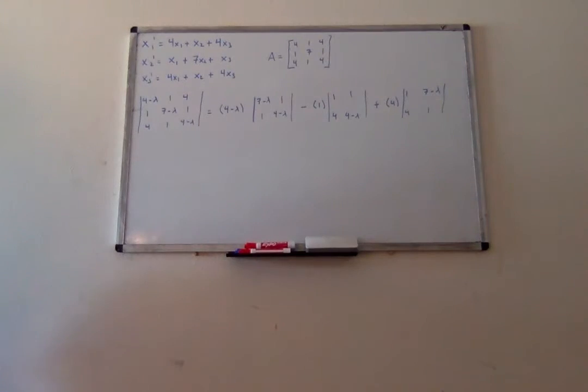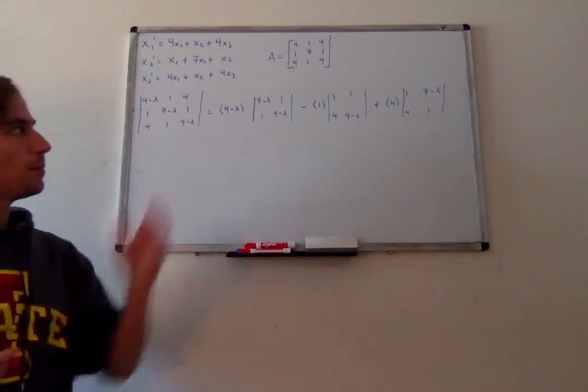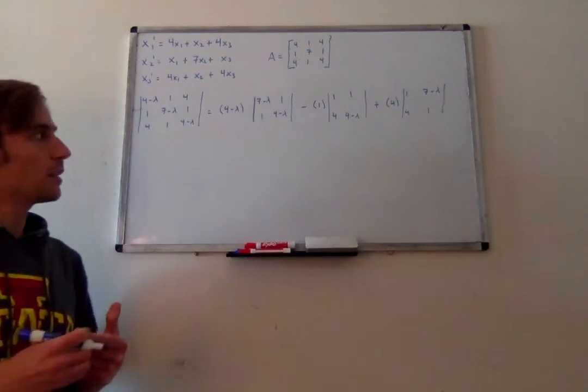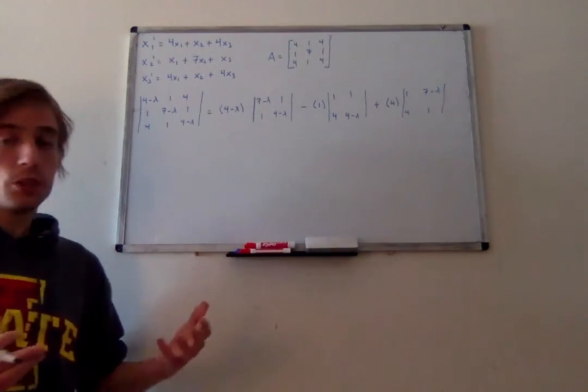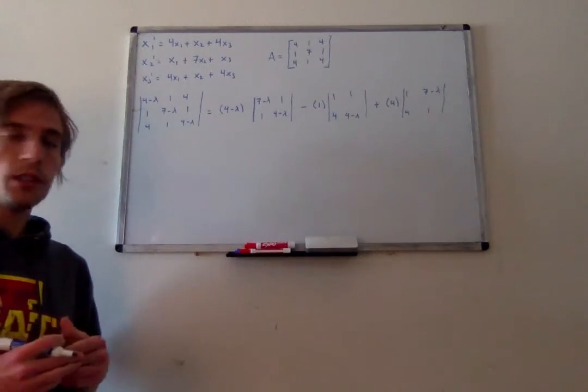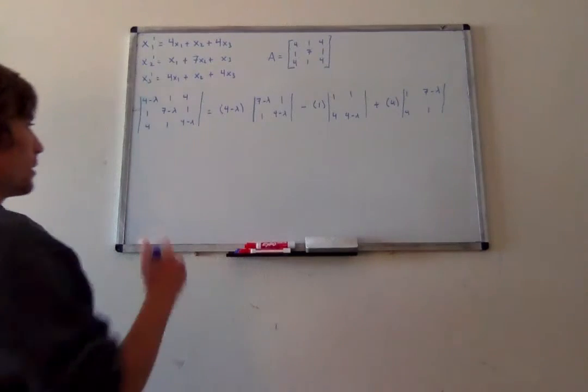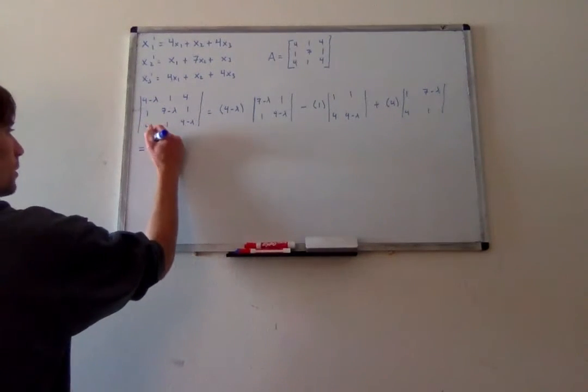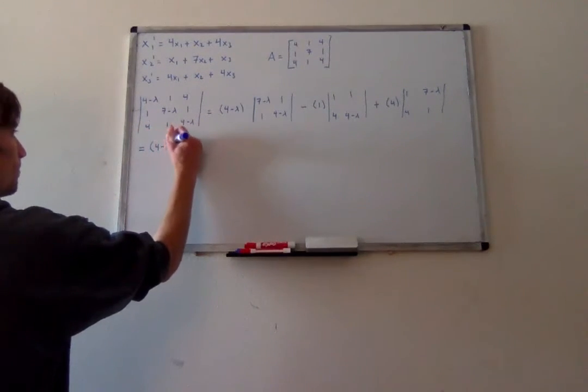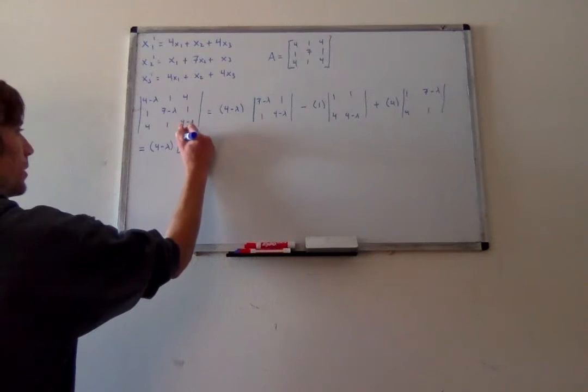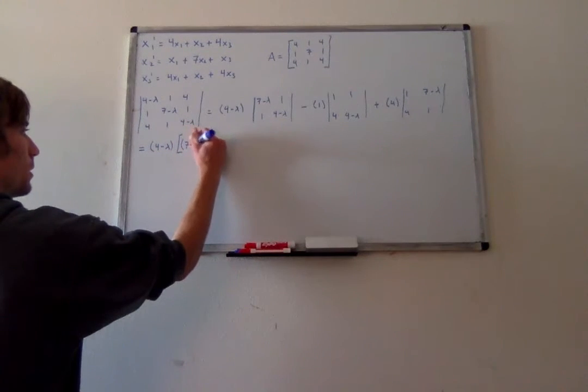And so now this is a combination of 3 determinants, which are a little easier to calculate because we can just take the cross products, or do this in the standard way to calculate 2x2 determinants.